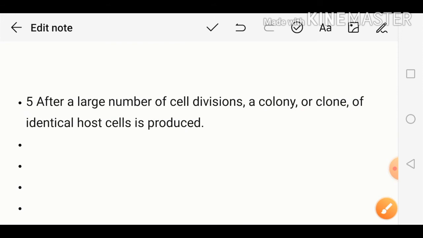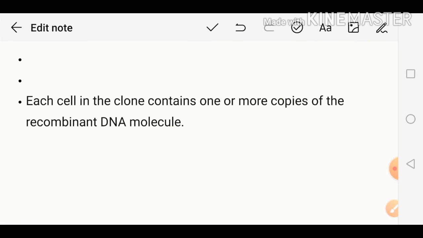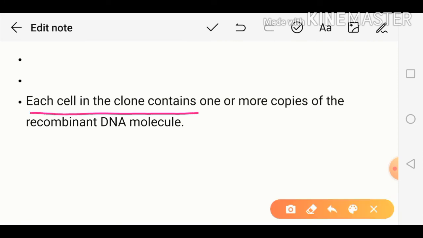So these are the simple steps involved in gene cloning. And lastly, each cell in the clone contains one or more copies of the recombinant DNA molecule. So these are the simple steps followed during gene cloning experiments.